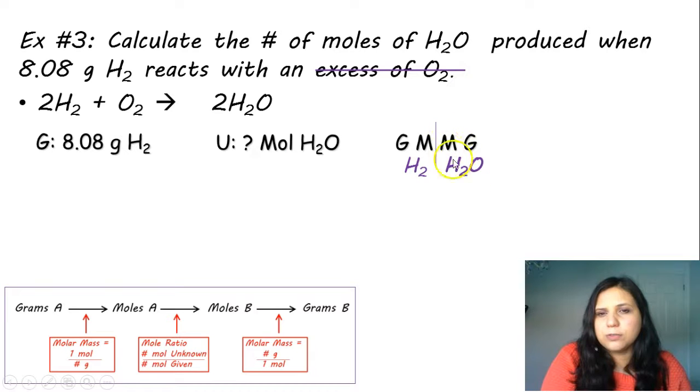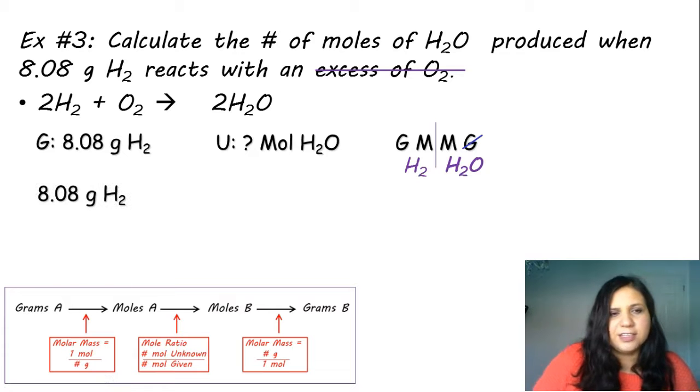So we're going to go to this one, which means we don't need that. So that's going to be 2 steps. One to go from gram to mole, then one to go from mole to mole. From gram to mole, we need, let's see right here, grams of A to moles of A, we need the molar mass. And then to get from hydrogen to water, we need the mole ratio.